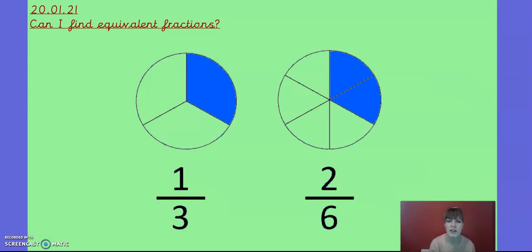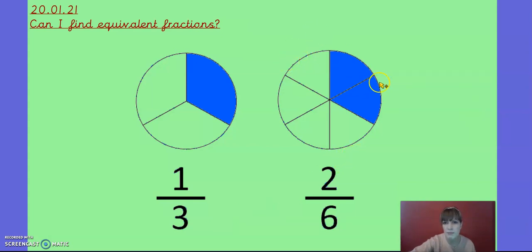Here I've got 1/3 and 2/6. So again, for my 1/3 fraction, my cake, I've split it into thirds. Okay, so it's normally my denominator that we split it into. So I split it into 3 equal pieces and we call those thirds.